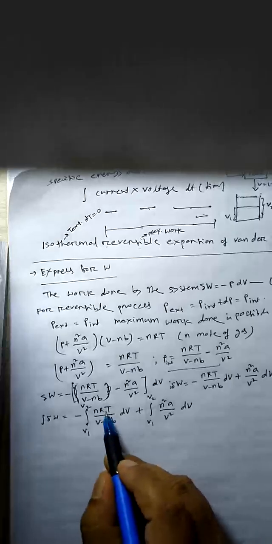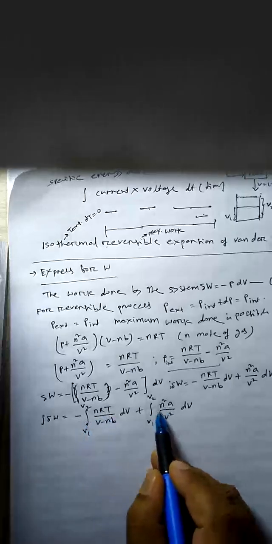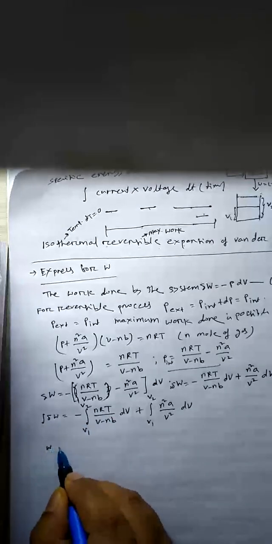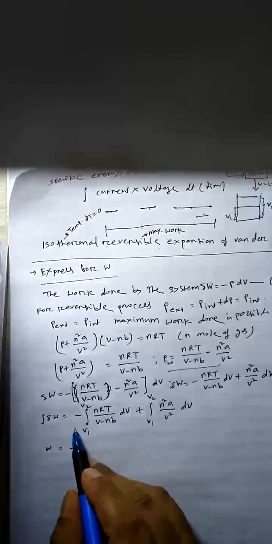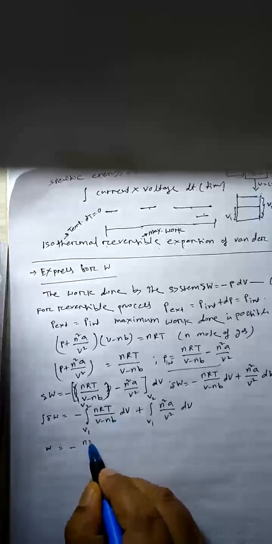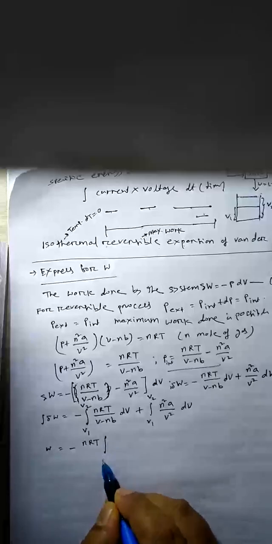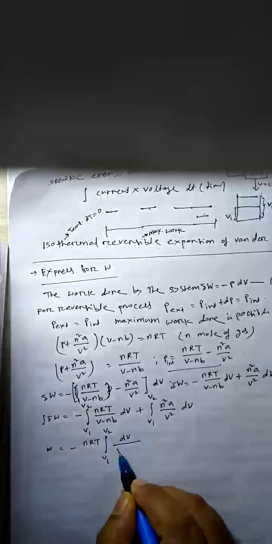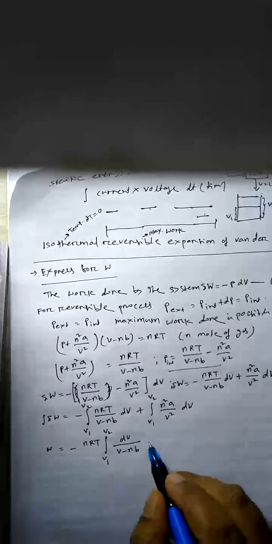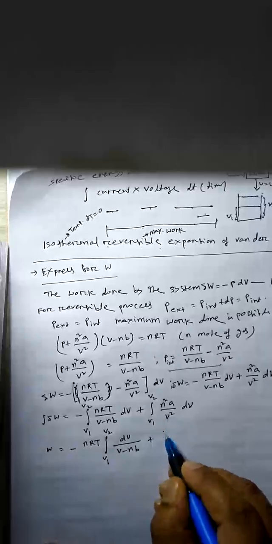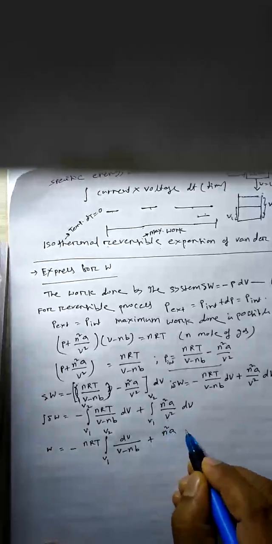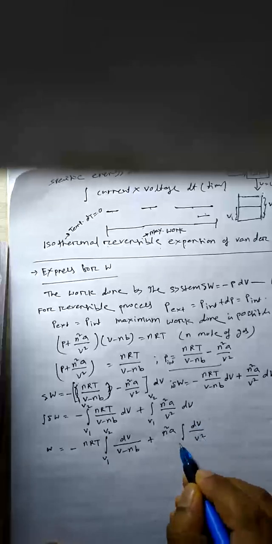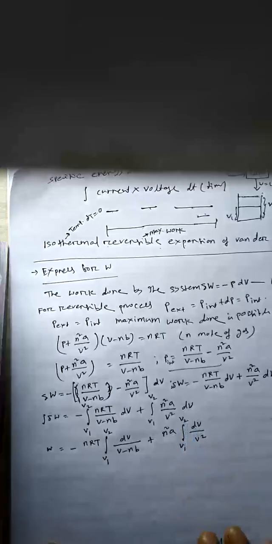Now take nRT common to this side, here n square A common to this side. Del W integration is equal to W is equal to minus nRT, take common, we get nRT integration V1 to V2 dV by V minus nB, then plus n square A, take to this side because these are constant, integration dV by V square V1 to V2.